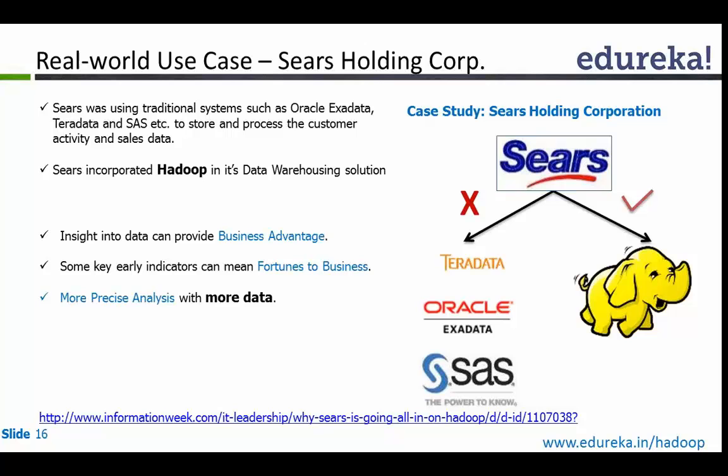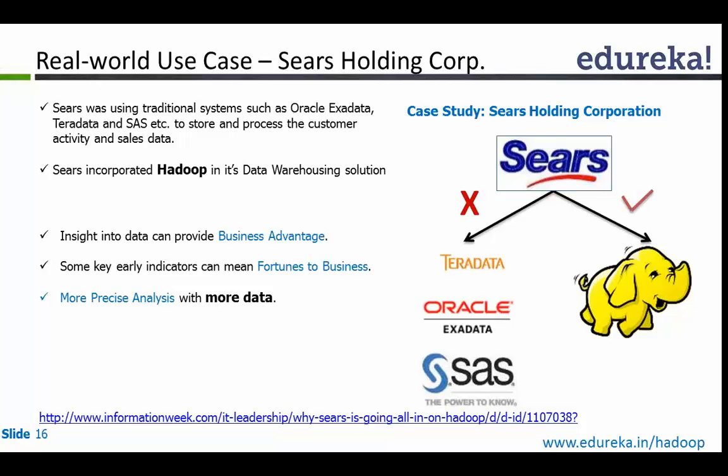Initially they were on the conventional data warehousing platform, using all the commercial conventional style, and Sears was not able to handle the customer demand and real-time needs of running business reports and running any business promotions or business uptick kind of situation. Due to this, Sears was seeing a huge revenue loss to competitors and their business was going down.